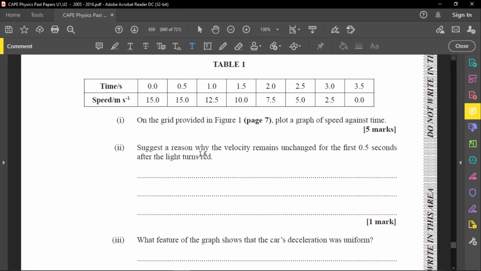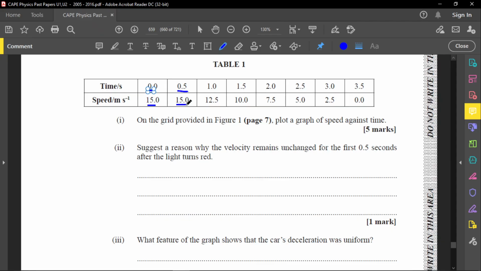So here now is to suggest the reason why the velocity remains unchanged for the first 0.5 seconds after the light turns red. And if you notice on the chart right here, you'll see that when the time was 0, the speed was 15 meters per second, and also at 0.5, the speed is the same.